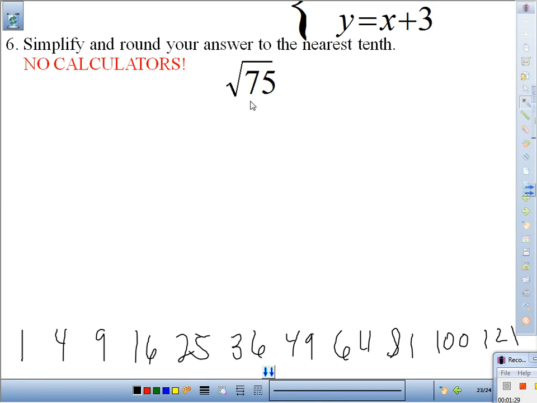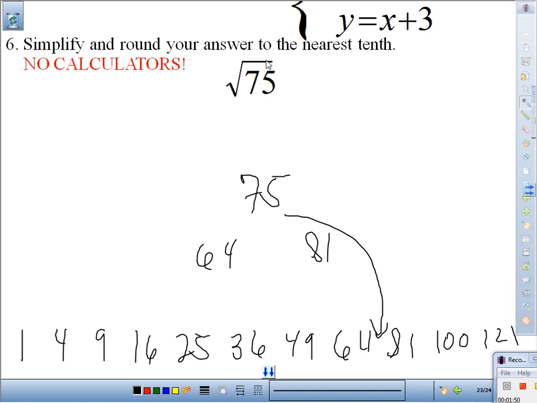Then you take the number 75 and ask yourself, between which of those perfect squares does 75 fit? Between 64 and 81, because it goes after 64 but before 81.